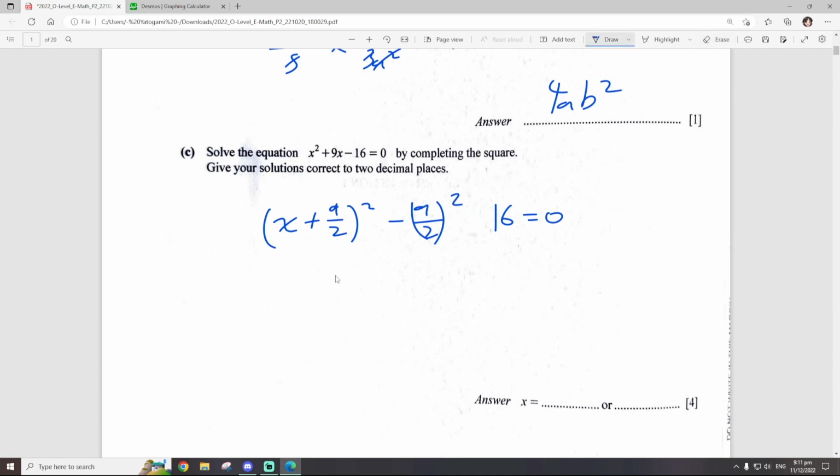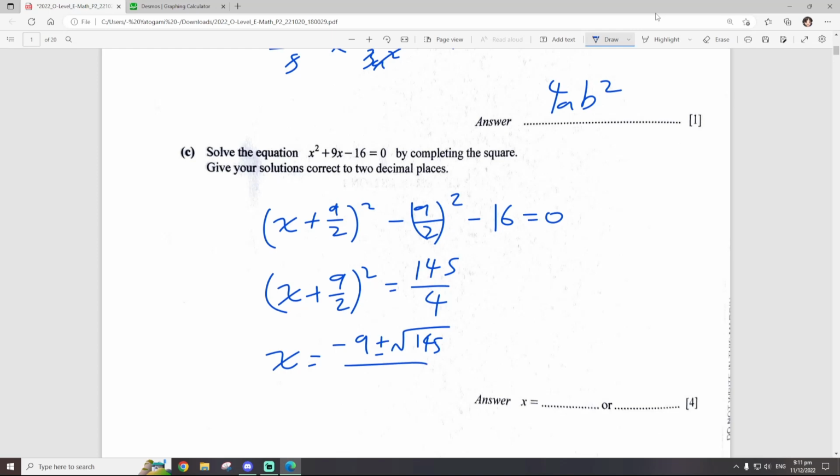Then we'll bring the constant over to the other side. So you'll get x plus 9 over 2 squared equals to, I think, 145 over 4. So you will get x equals to negative 9 plus minus the square root of 145 divided by 2, and you can find these solutions.